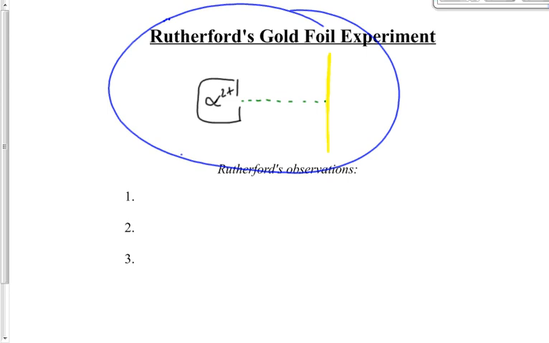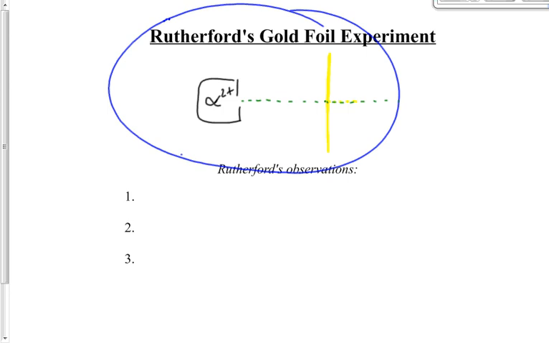Now, Rutherford and his assistants made 3 observations when they fired these alpha particles at this gold foil. They found that the vast majority of these alpha particles ended up going straight through.